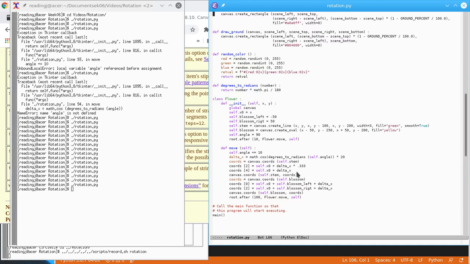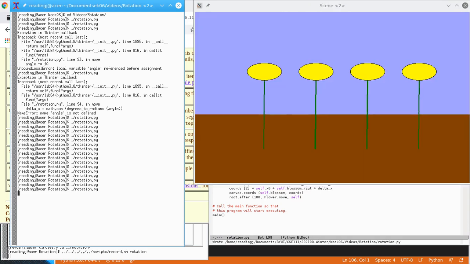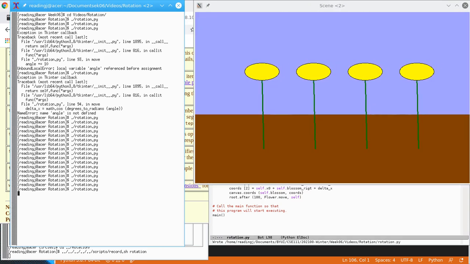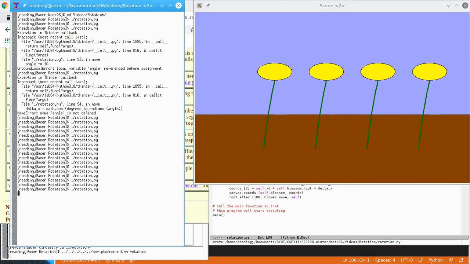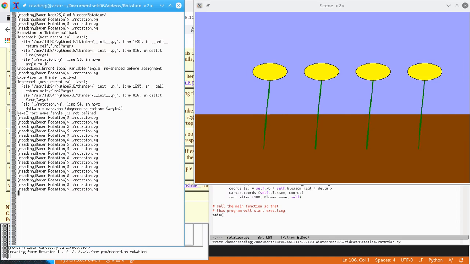We would move, I think we just have to move this like that. I think that makes them lean. Yep, there we go. So you can see they lean further downwind and then they come back. And further downwind and then they come back.